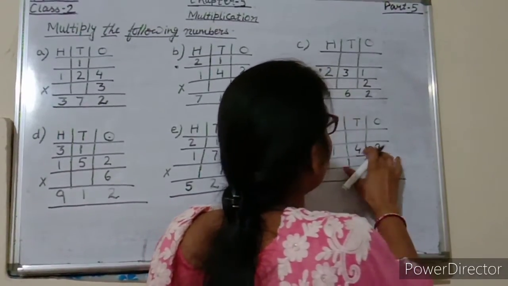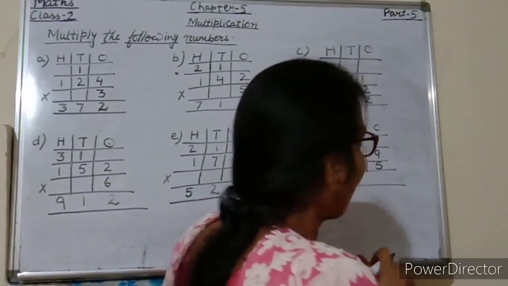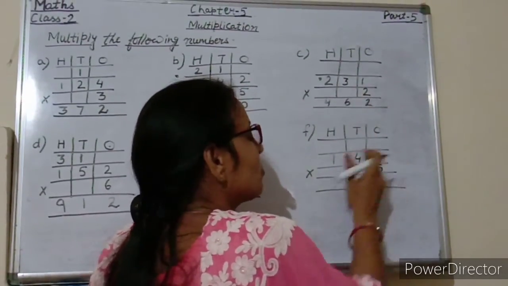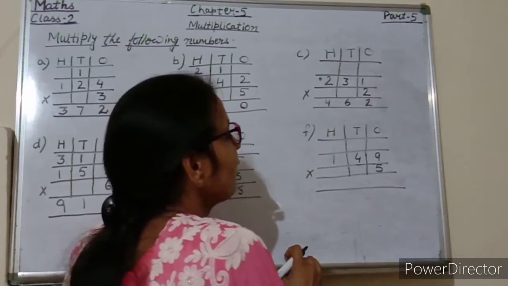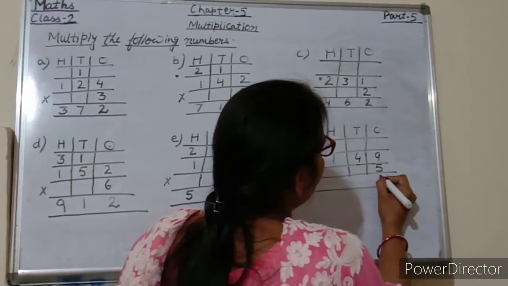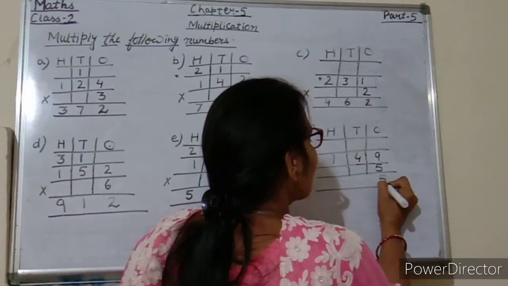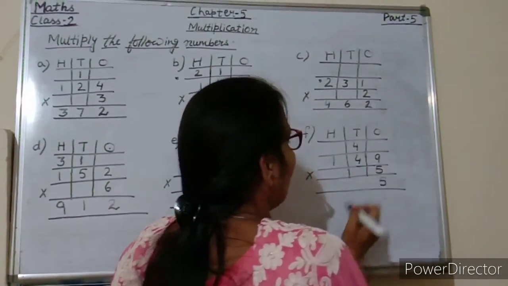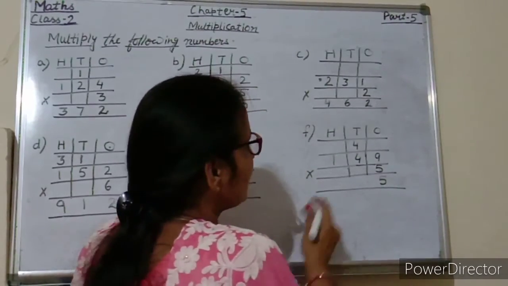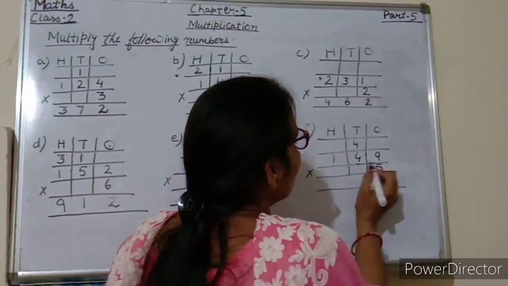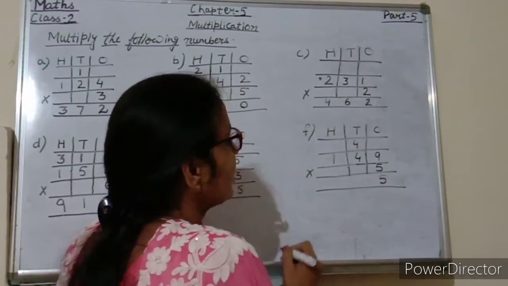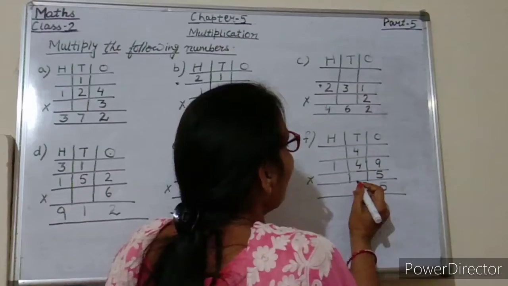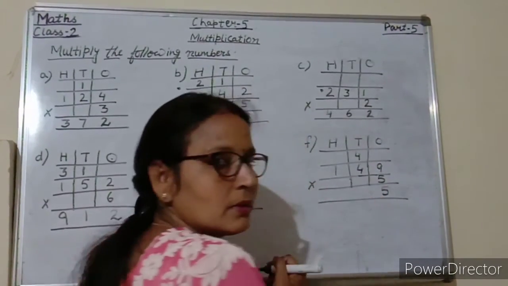Now come to the last. 149 by 5. So what we will do? The same process. 9 ones into 5, 45. So we will write 5 under the ones column and 4 we will write as a carryover in the tens place. So students, 4 tens into 5, 20. 20 plus 4, 24.